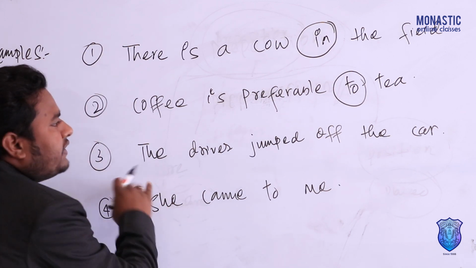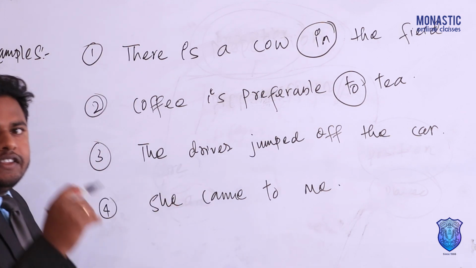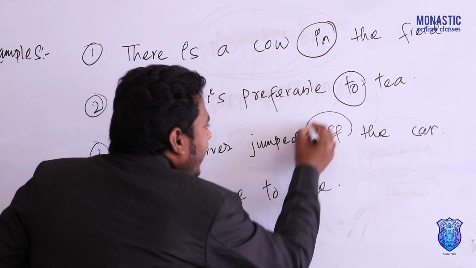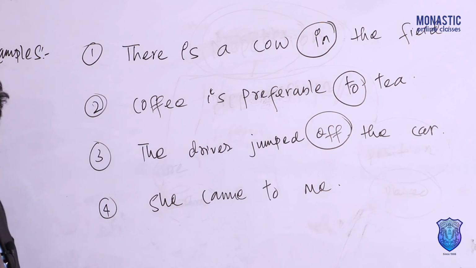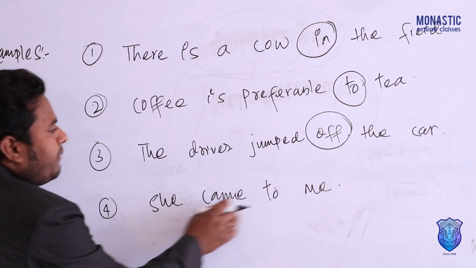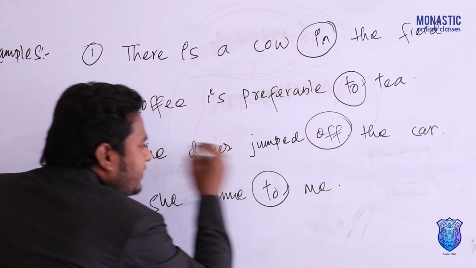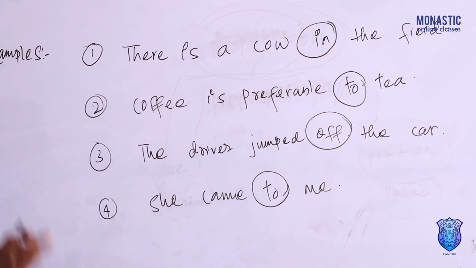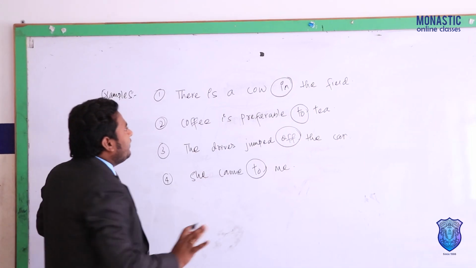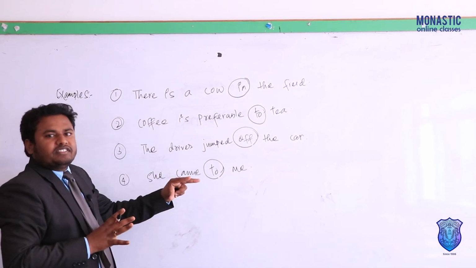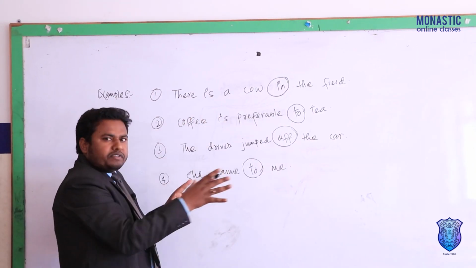Likewise, the driver jumped off the car, here off is a preposition. And the last, she came to me, here to is the preposition. Simply we can say that in, to, off, to are the prepositional words.